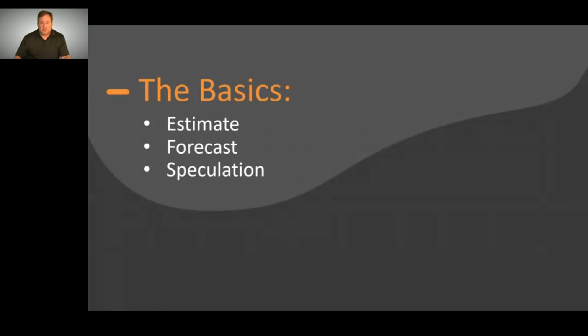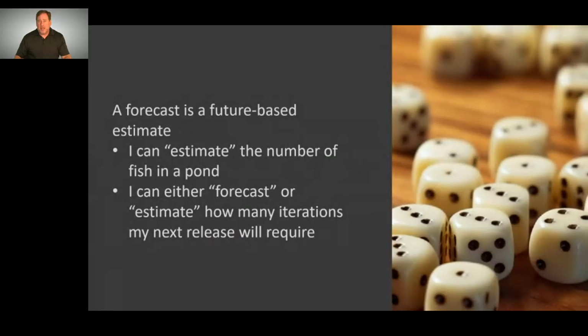So I think starting with some really basic concepts, I would make a distinction between the concepts of estimate, forecast, and speculation. Sometimes in the software world, we've seen a lot of discussion over the last several years in an agile context about 'let's not estimate, let's forecast.' I have mixed feelings about that comment because a forecast is simply a future-based estimate.